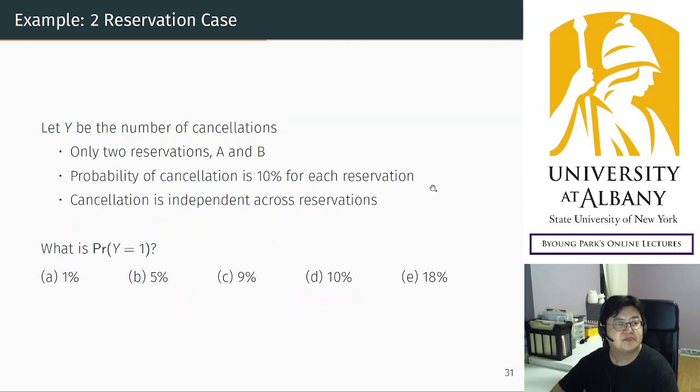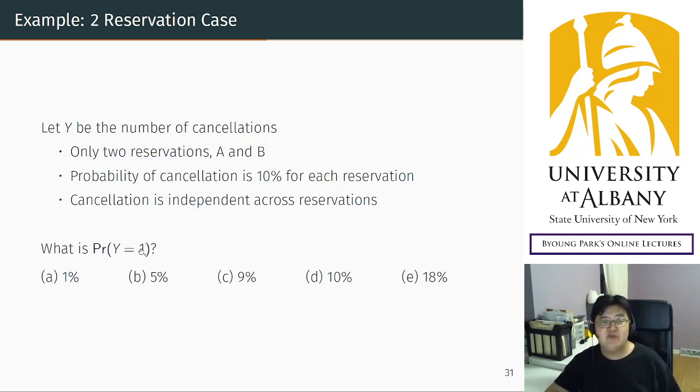And now I will ask you a similar question, but it's very tricky, very slightly different. So think about this. Now I will define random variable Y as the number of cancellations. And still we have two reservations. Everything else is the same: 10% cancellation probability, independence.